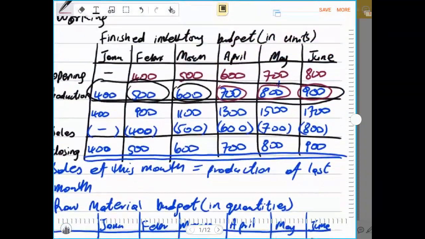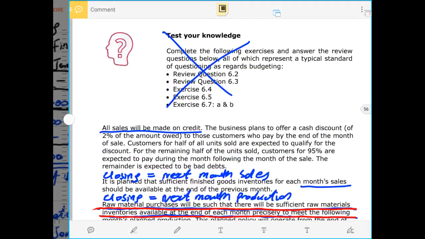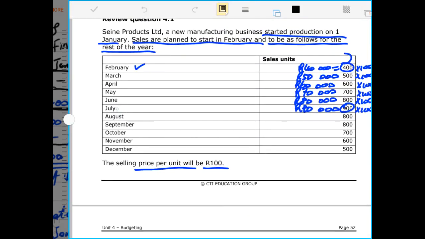Therefore now we need to know the production of July. And the production of July, we'll have to get from the table information given here. Production of July must be the sales of August. Remember, the sales of August is the production of July. So the production of July was 800, which is the sales of August.